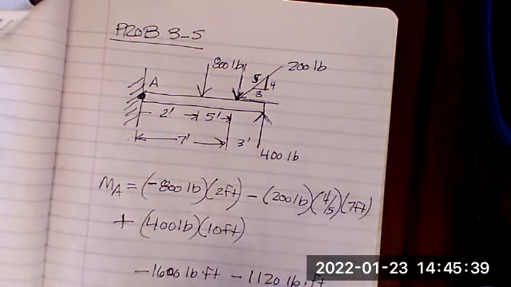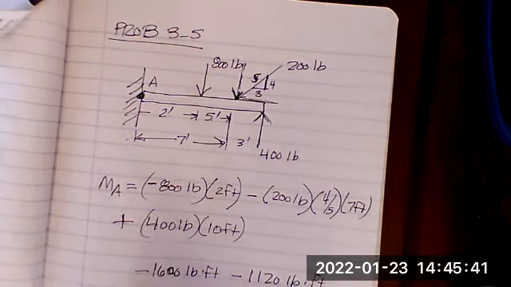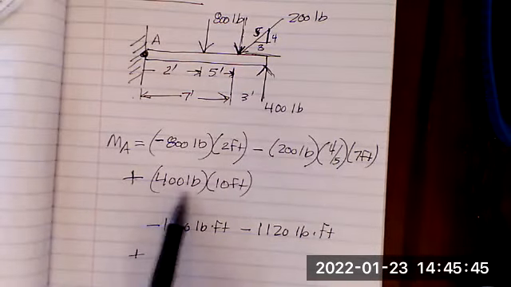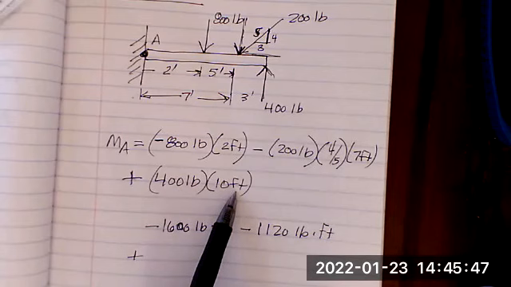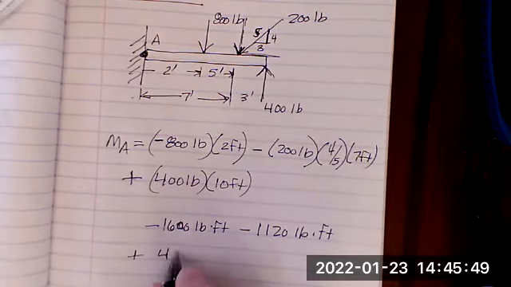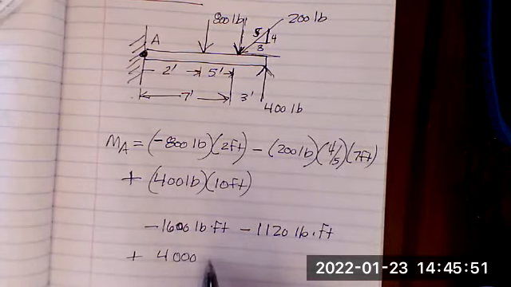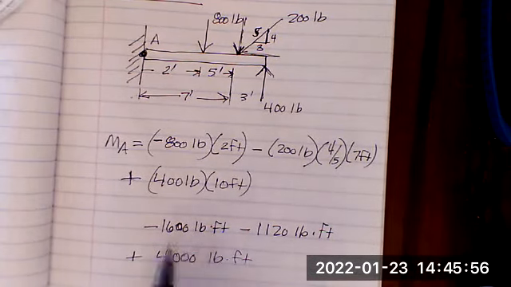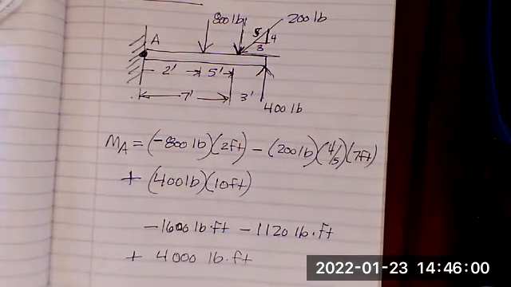Okay. Plus, you're going to add this last one now, plus 400 pounds times 10. So that's going to be a 4,000 pound foot. Okay. So a negative, a negative and a positive.